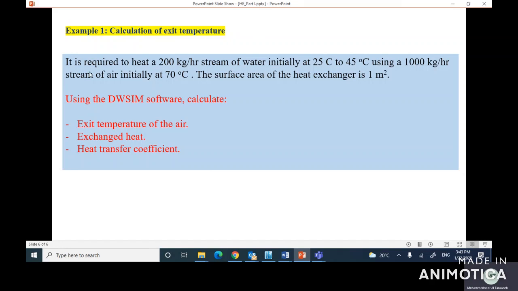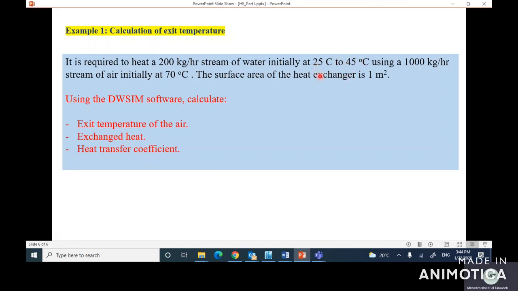In this example, it is required to heat a 200 kilogram per hour stream of air initially at 25 to 45. So this is the inlet temperature for the cold fluid, and this is the desired temperature for the cold fluid.